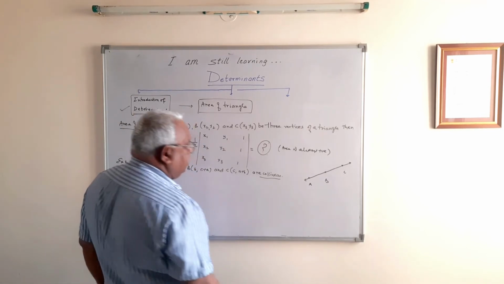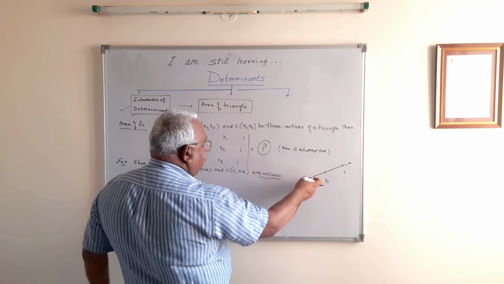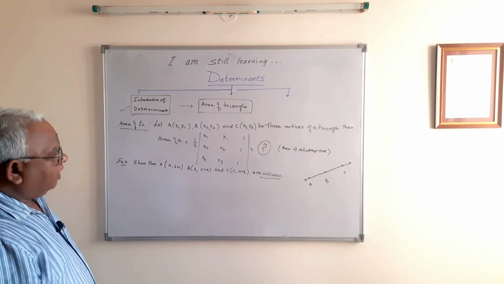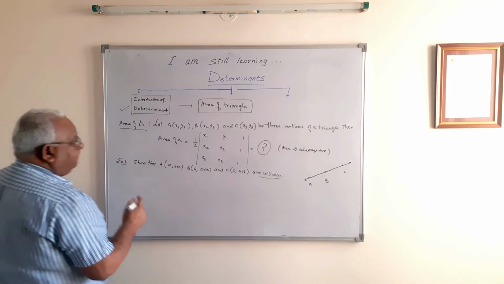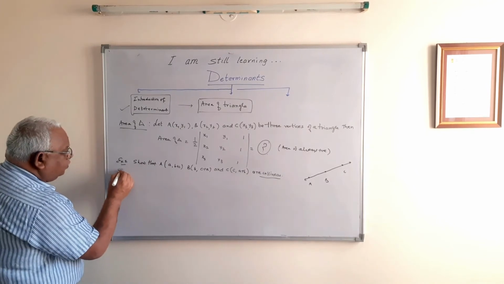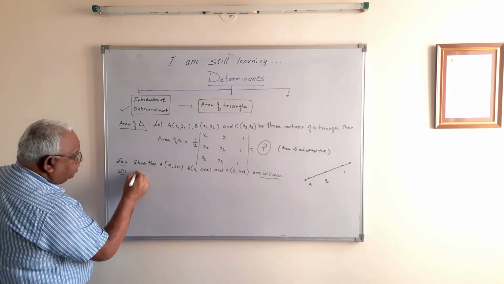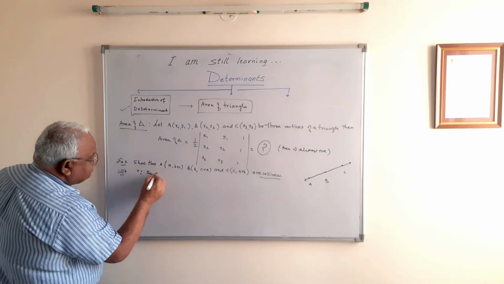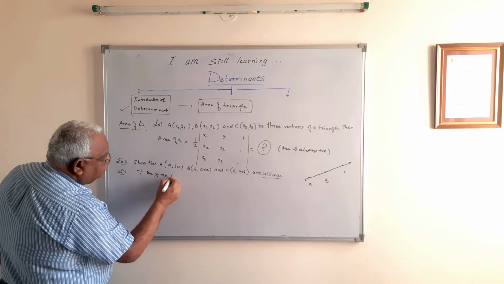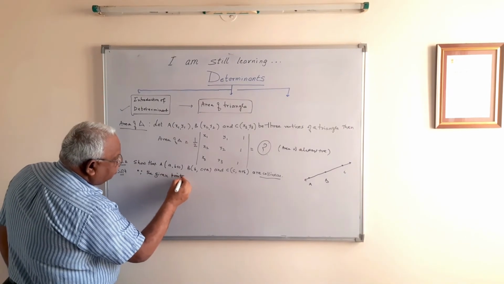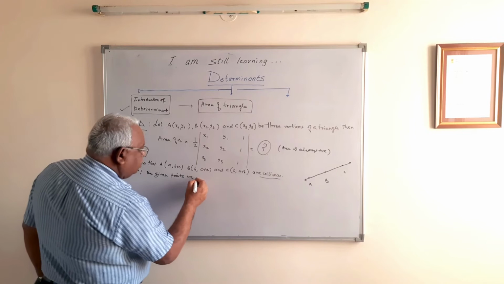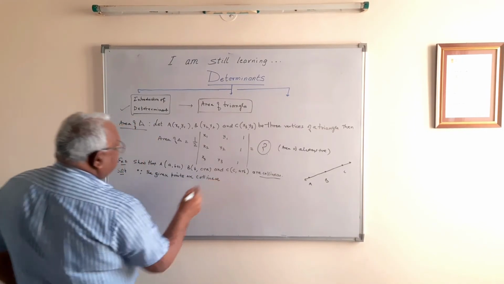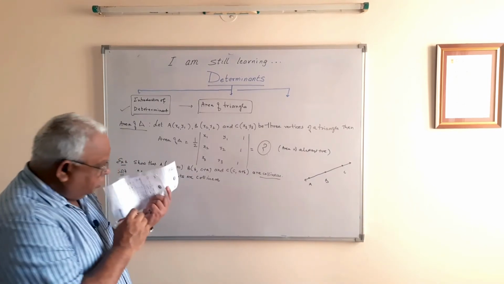The great thing is the area of the triangle is 0, because there is no triangle formed by three points. That is the application, right? So you can write, since the given points are collinear. No, you have to show. Sorry.